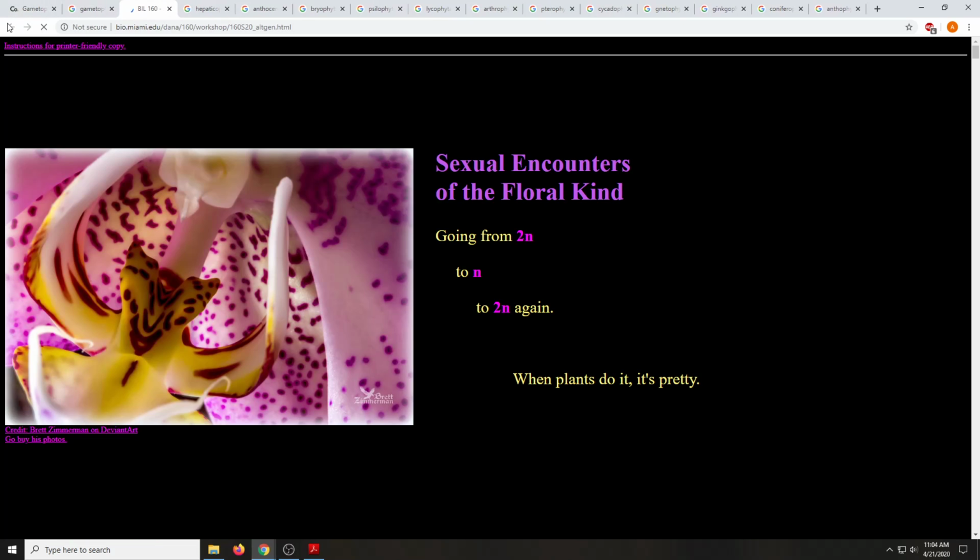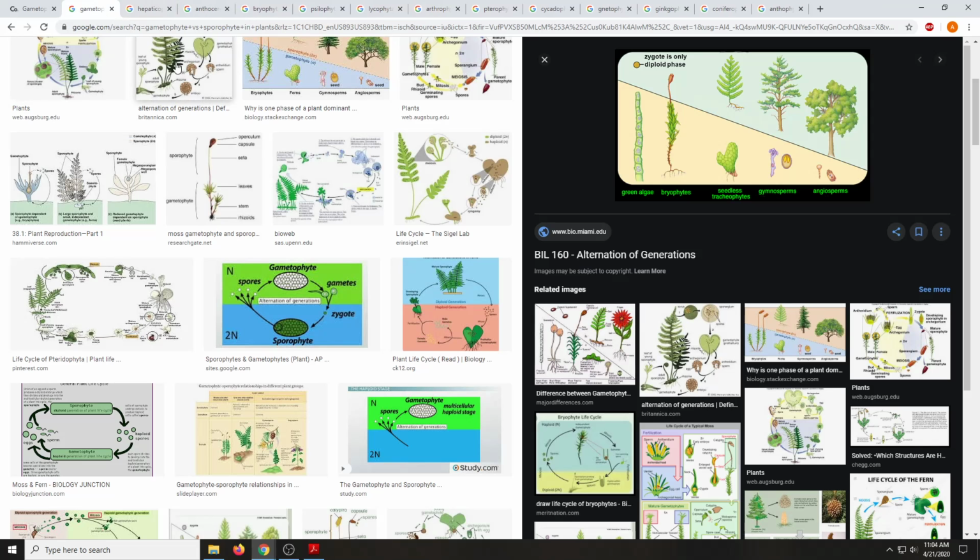If we look at this picture, right here, this is the plant, this is the plant, this is the plant, and this is the plant. So with some plants, the gametophyte and the sporophyte are almost two separate looking plants. Here, we see them as two separate plants that look very different.